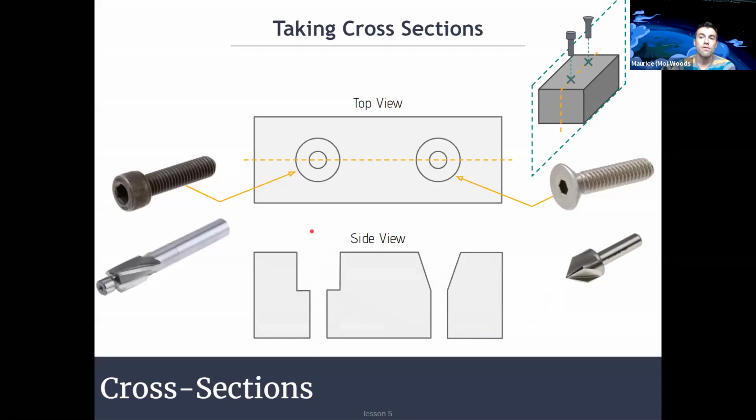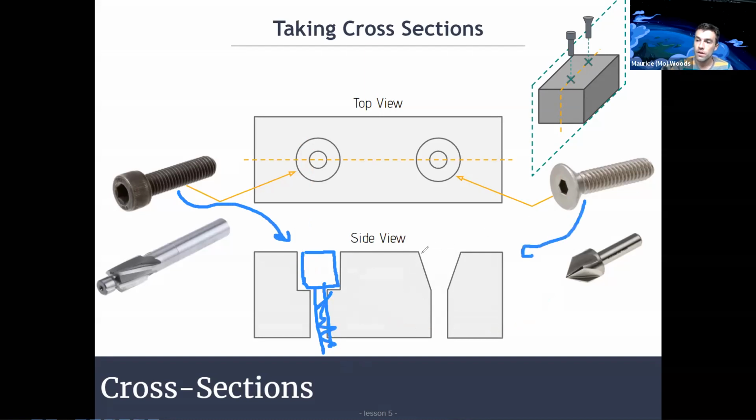From the side, this cap head screw would fit down in here such that it is flush with the top, and the threads come down in here. Similarly, for the tapered screw, we have this channel that's cut through, and the threads come down here.